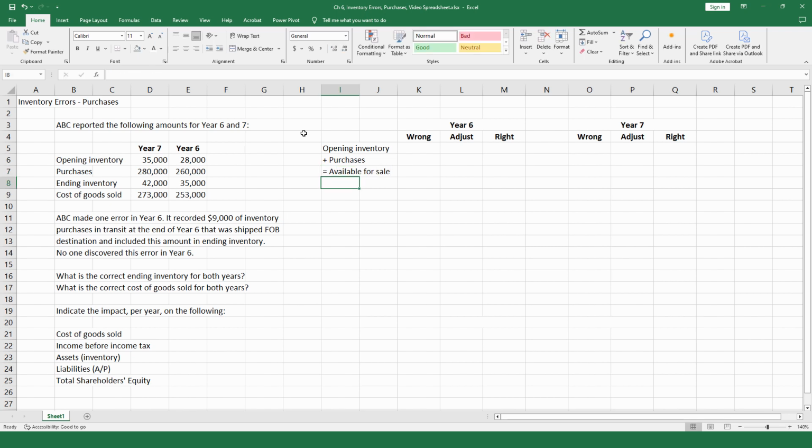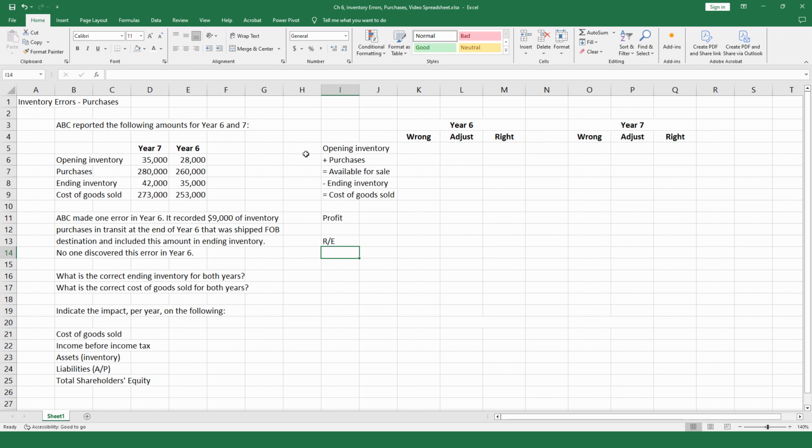If I then take my available for sale and I subtract my ending inventory, this will then equal my cost of goods sold. And when I take my cost of goods sold and I flow it through my income statement, that will determine profit. And if I take my profit and I do my closing entries, that will determine retained earnings, which I'm going to denote with an RE.